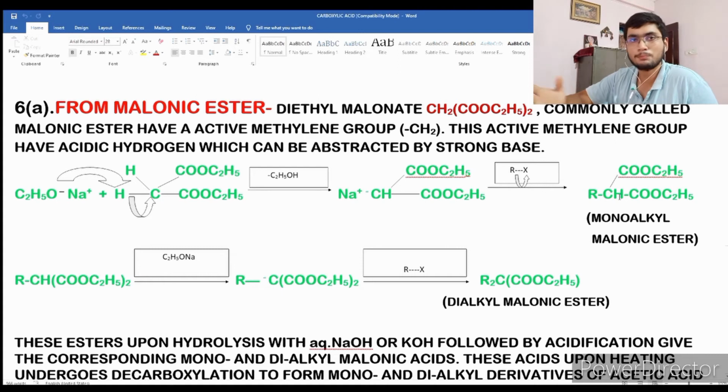By following the same procedure, we can again replace the remaining acidic hydrogen and attach an alkyl group to it as well. That's what I have done here. Now we have a dialkyl malonic ester, as well as a monoalkyl malonic ester in the previous case.